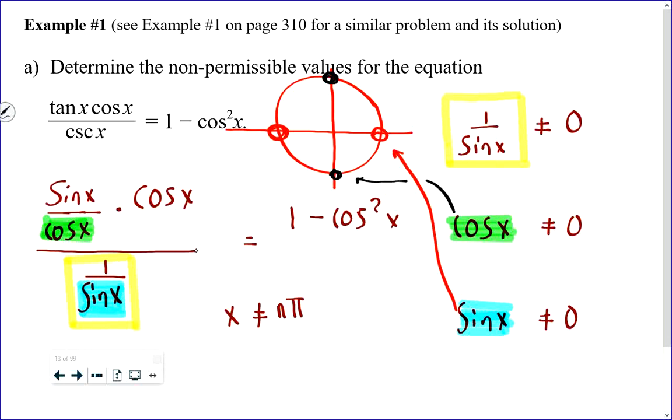And that means that x is as well not allowed to be pi over 2 plus multiples of pi. Any questions with those two sets of non-permissible values so far? Okay. This never happens.